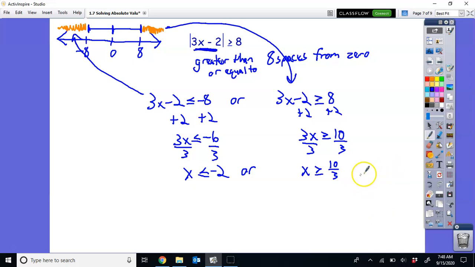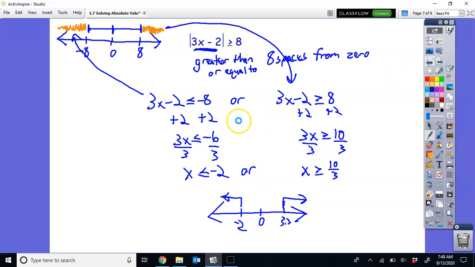But what it's telling me is that if I plug in any numbers that are less than negative 2, so negative 2 is down here, or any numbers bigger than 3.3, if I plug in any numbers this way or this way, it will give me answers that work up here that are more than 8 spaces from 0.